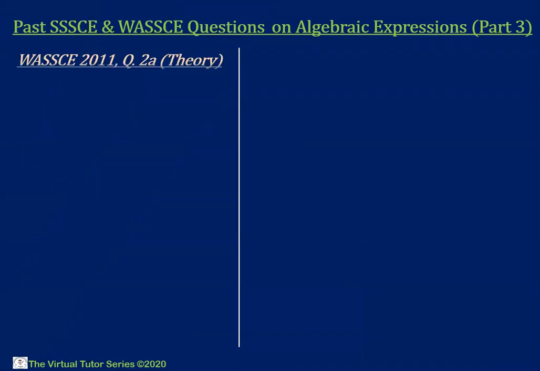Theory question 2A of WASSCE 2011. Simplify x plus 1 over x plus 2 all over x squared minus 1. Solution.